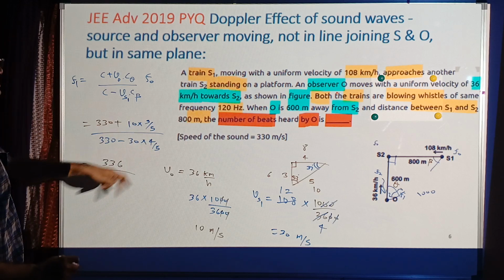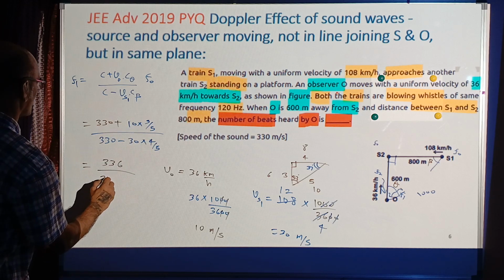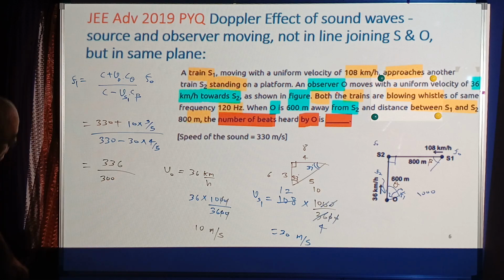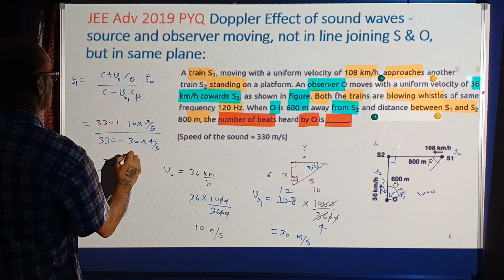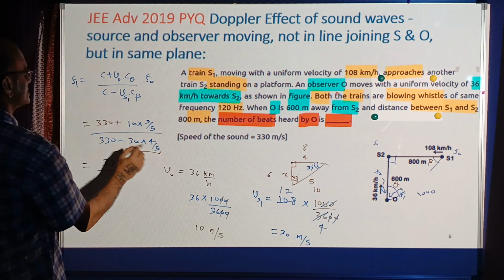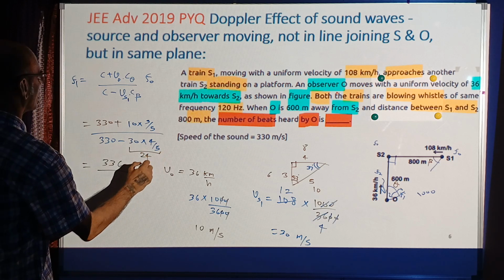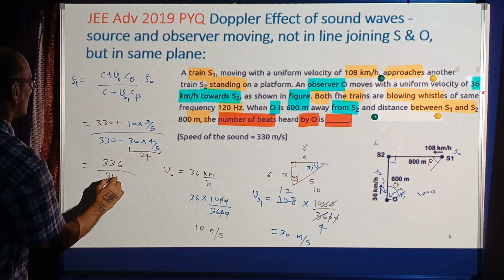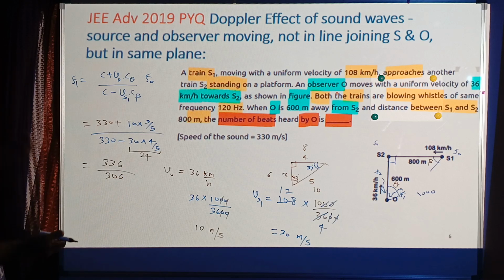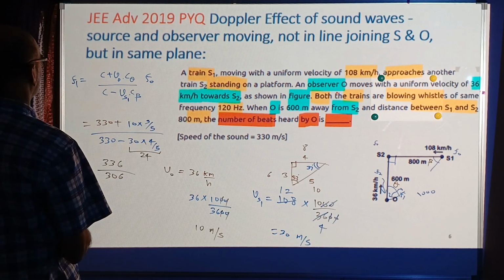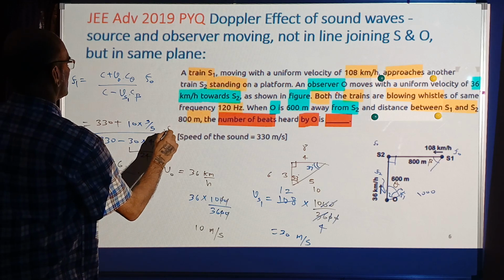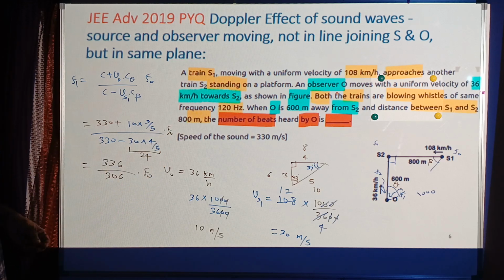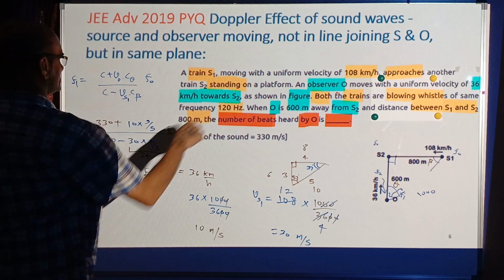This is 6, 330 minus this one, 24. So 306. This is F1. So this into F0 is F1. F0 is the source frequency, 120 Hertz.